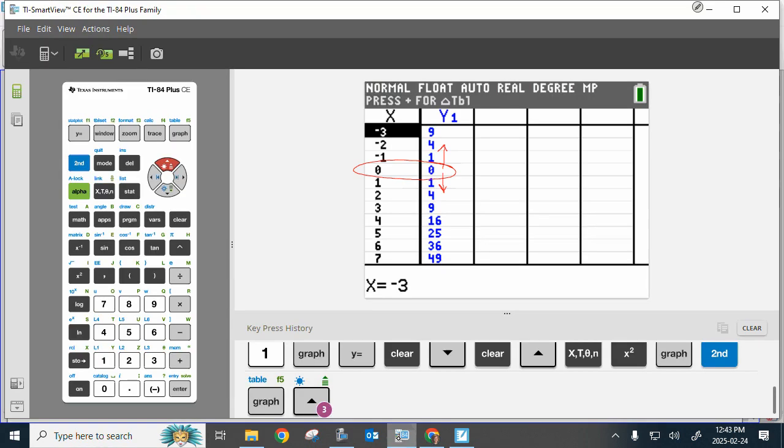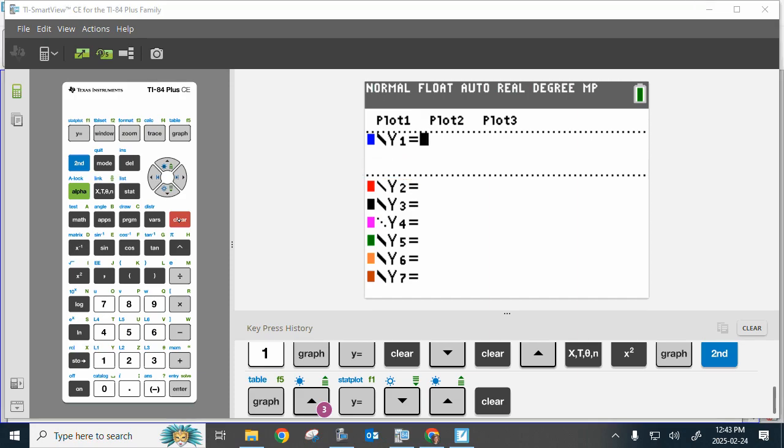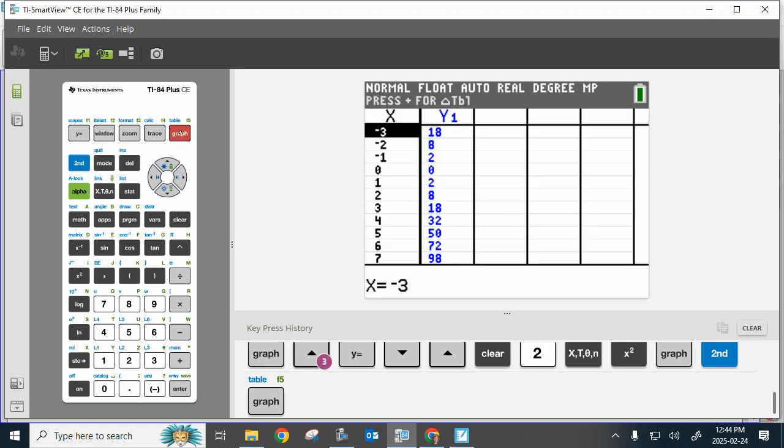So on your calculator, this is your g of x. So there's my original function. Just do them one at a time. Don't put multiple functions on the same grid. Just do them one at a time, but on paper we're going to do 2. So if I have 2x squared, and I take a look at the graph, and I take a look at my table of values, so I see 8, 2, 0, 2, 8.